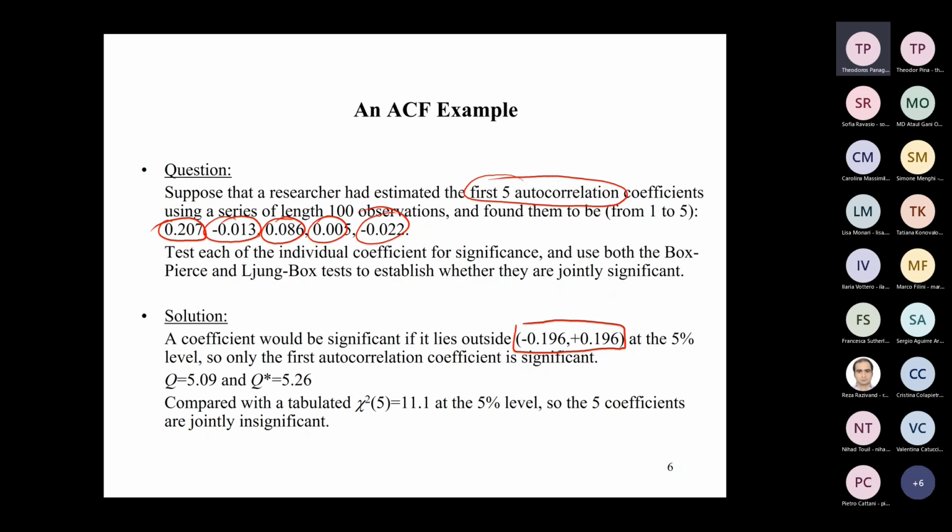So when we say the first one is significant, we mean that between two subsequent points in time, today and yesterday, there is a significant correlation. So this is telling us that yesterday is affecting today on average.